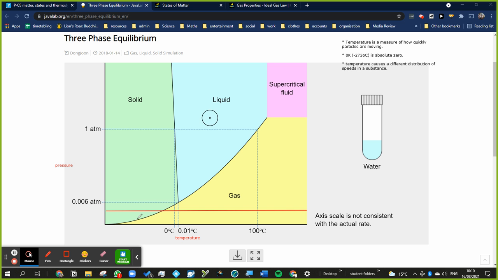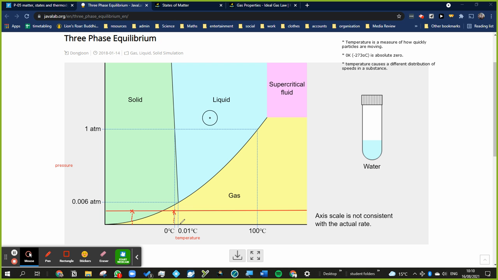What would it be at this temperature here? Well, I join up these two dots, and I can see it would be a solid. But if I go all the way to this pressure, 0 degrees C, it's actually a gas, bizarrely enough, which is strange.